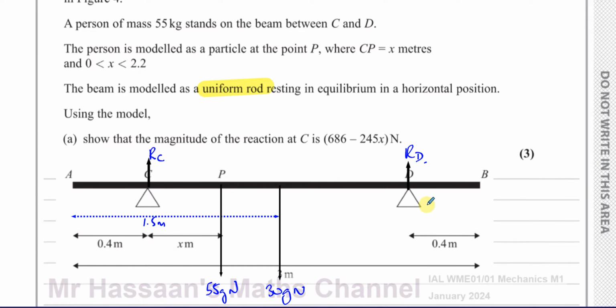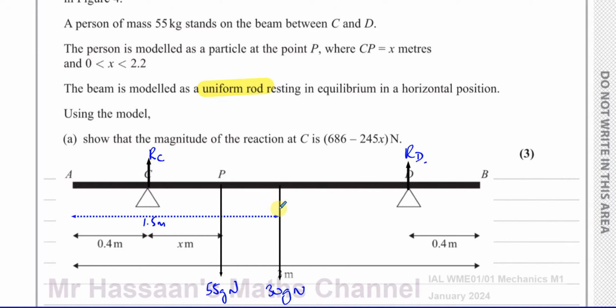Well, yes, of course there is a reaction on the support itself as well. But because we are considering only the forces acting on the beam, we're not thinking about those reaction forces. We're looking at the forces acting on the beam itself. That's what we consider here.